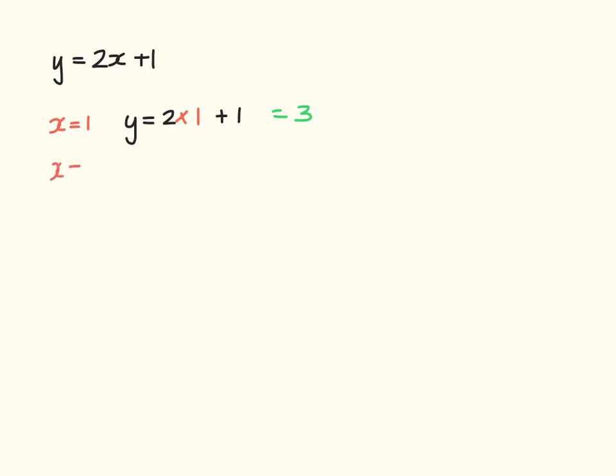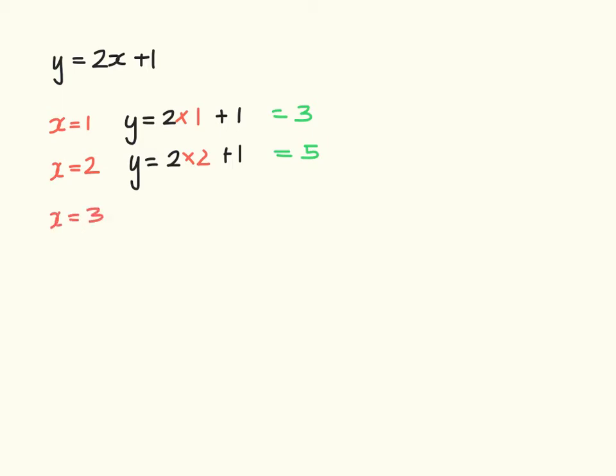Let's pick another number. Let's pick x equals 2. And using our equation, y equals 2 times 2, because that's my value of x, plus 1. And I can work that out as 2 times 2 plus 1 equals 5. You can use your calculator or your head.